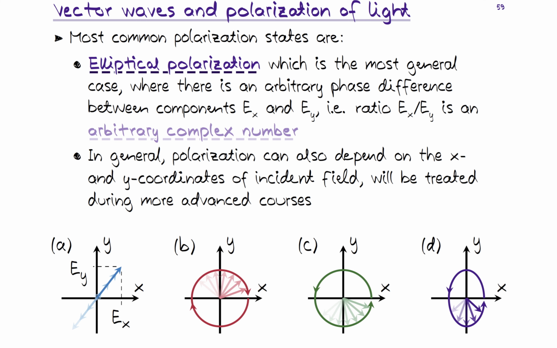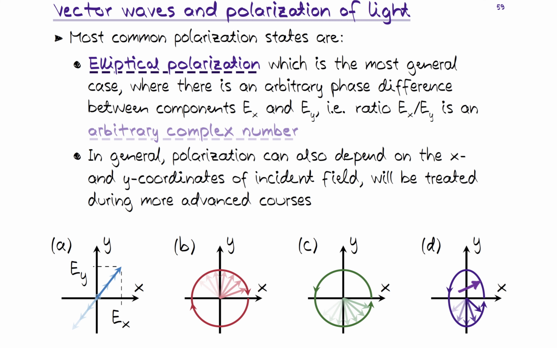And I will conclude by showing these different figures. Hopefully this helps you understand. When we have linear polarization, the polarization oscillates only in a single plane, so the electromagnetic radiation oscillates along one line. In the circular polarization cases, the polarization vector rotates in the xy plane, and depending on the handedness of the rotation, we call it left-handed or right-handed circular polarization.